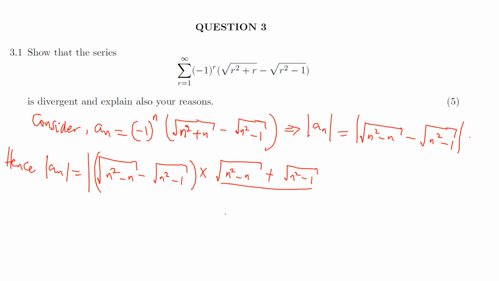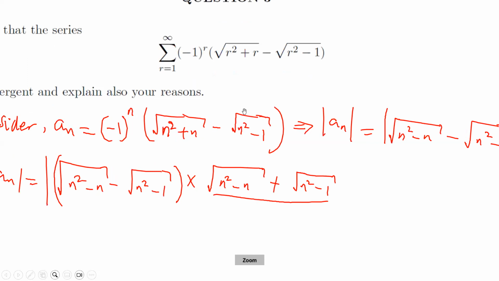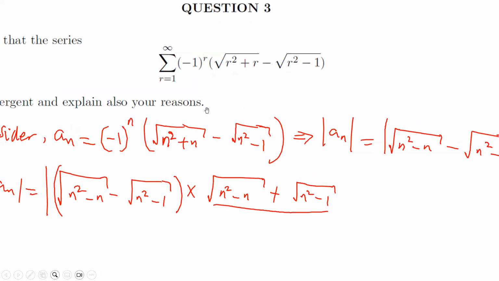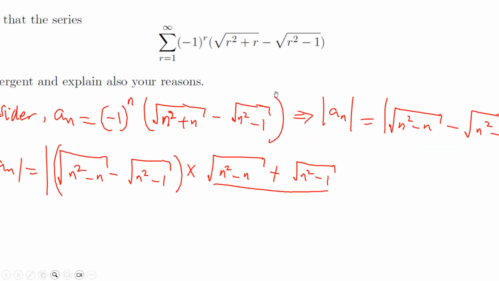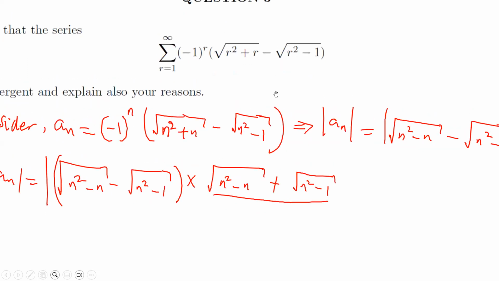In the case of the vanishing condition, we only take the summand, and after having taken the summand, we just take the limit of it. But obviously at this point, we can't take the limit of this.